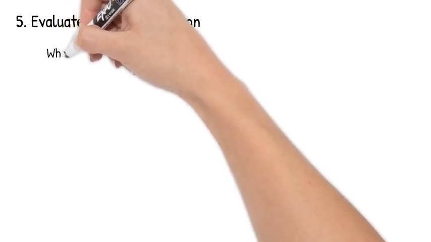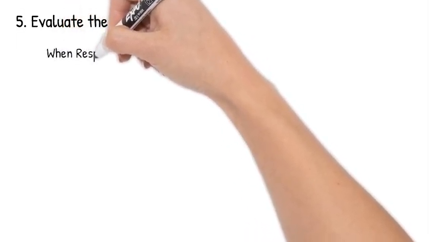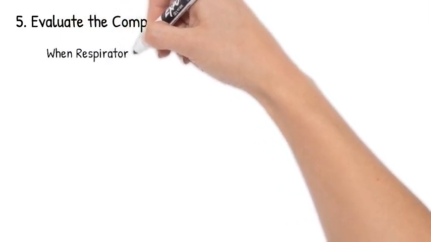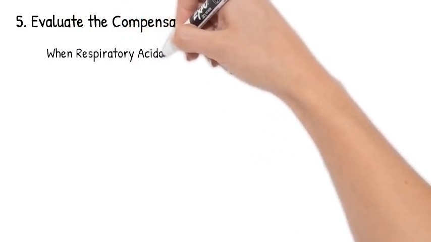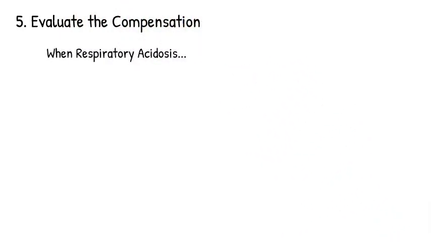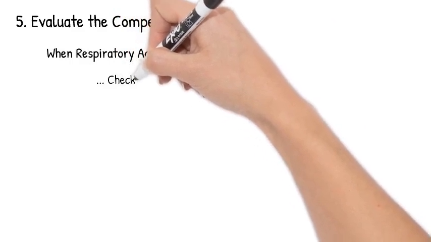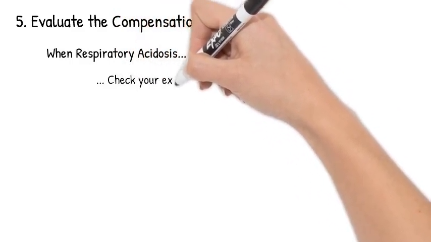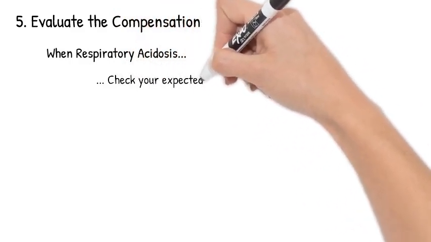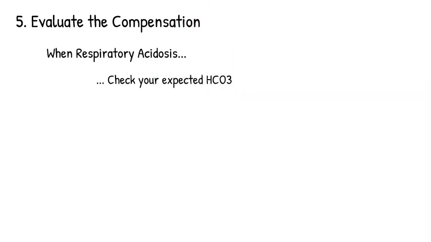Now, when we have a respiratory acidosis, we then need to look at what your expected bicarb is going to be. But now remember that you have both acute and chronic respiratory acidosis, and on a chronic level, you're going to have a bigger compensation.